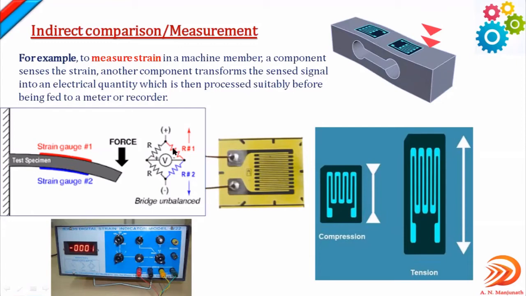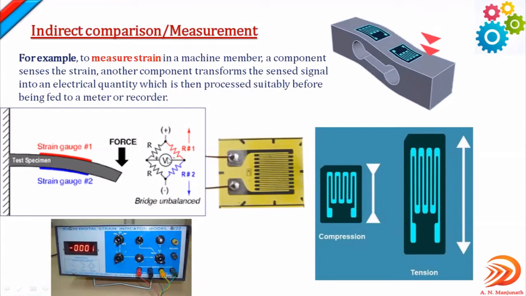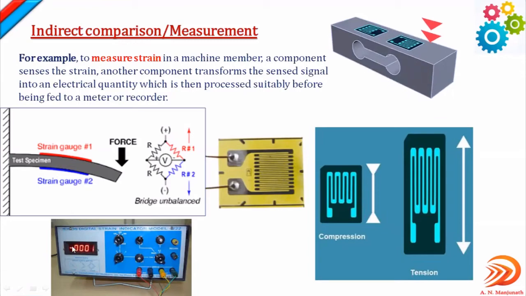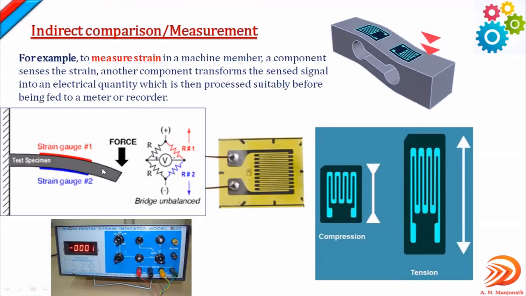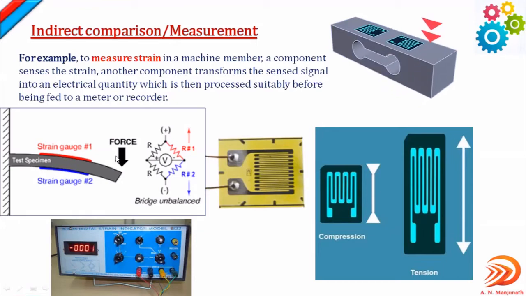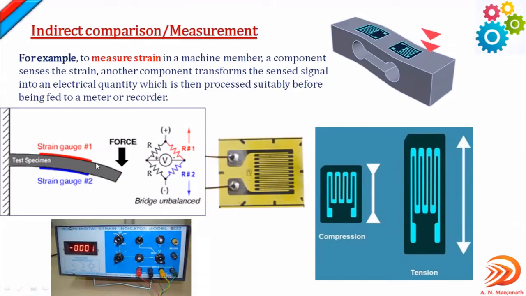So this is the Wheatstone bridge, and this digital strain indicator is going to give the reading. Once you apply a load here, this cantilever beam will deform. With the help of these strain gauges, it will sense that pressure or force and then convert that into strain.